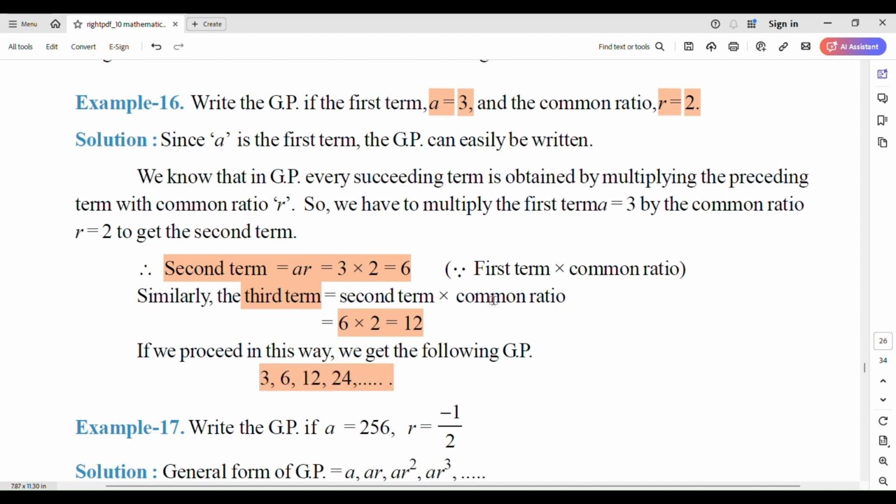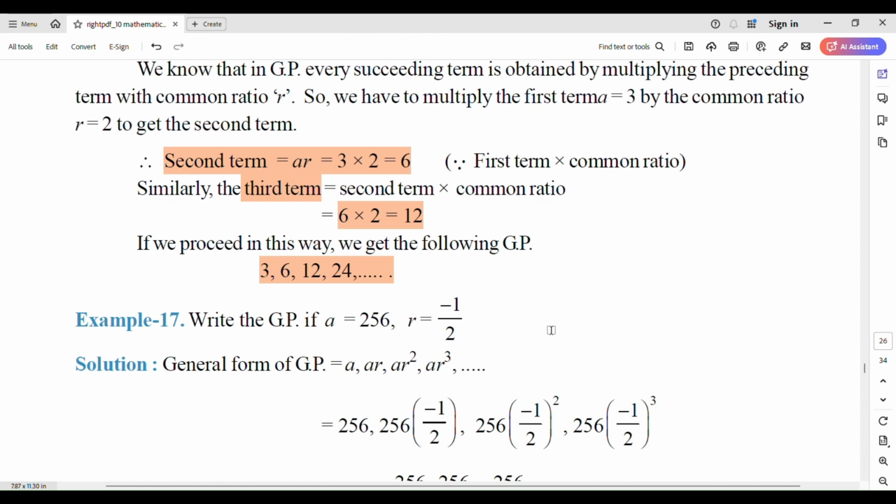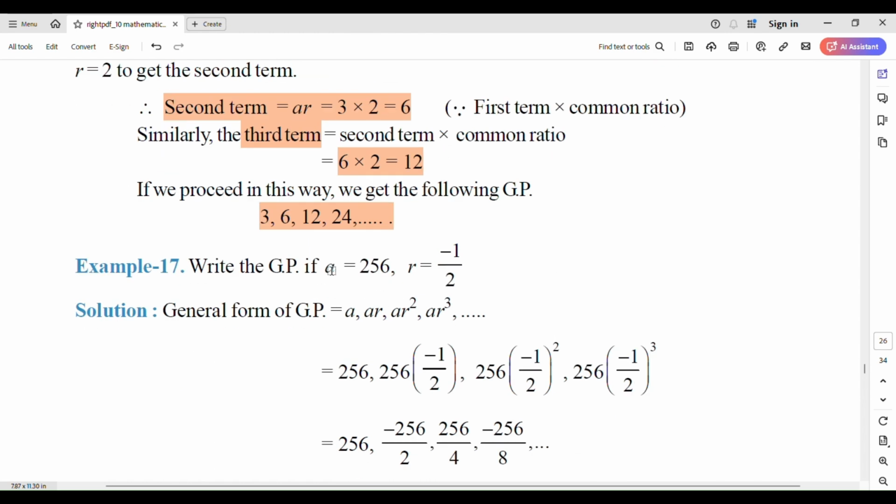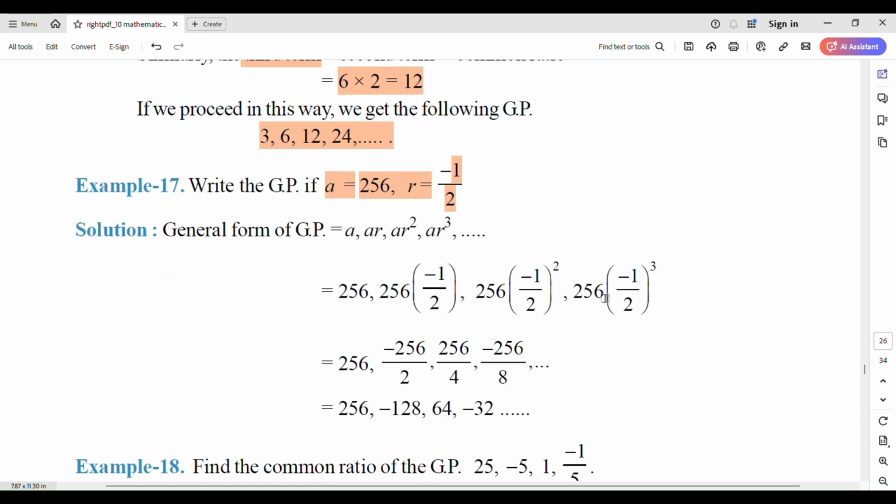So if you are given A and R, you can construct a geometric progression: A, AR, AR square, AR cube, etc.